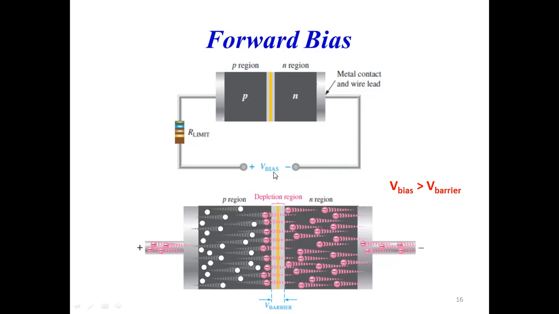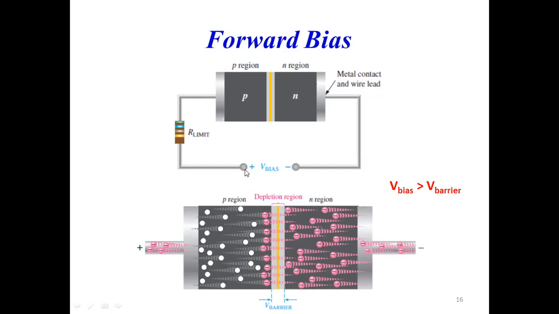Now, because of this bias, this particular diode has become forward biased. Now, we know that holes are the majority carriers in the P type region and electrons are the majority carriers in the N type region.